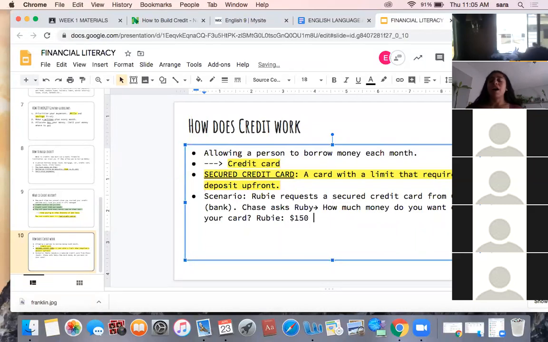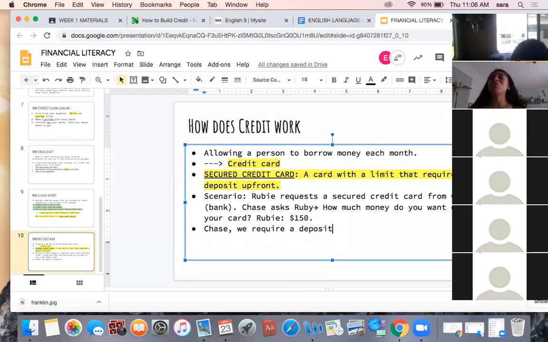Okay, so because this card requires a deposit, how much money do you think they're going to ask Ruby for? How much in deposit? $50? No, the whole thing. $150. Why? Well, think about it. They're letting you borrow their money, and they don't know you. They don't know if you can pay them back.